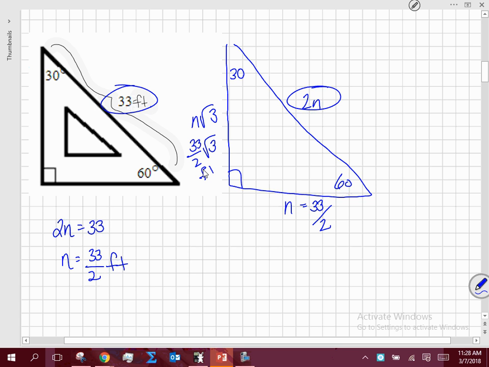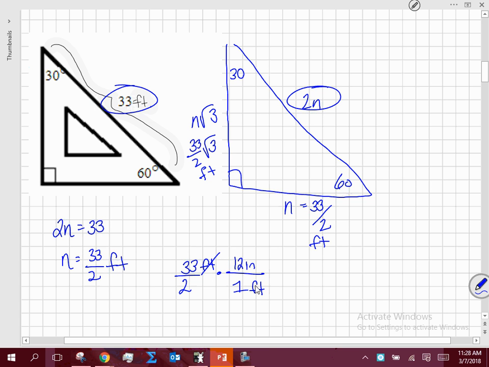But these are all in feet. I want my answer in inches. So what do I need to multiply things by so that I get it in inches? 12. Okay. So 33 over 2 feet, I want to multiply that by 12 inches over 1 foot.